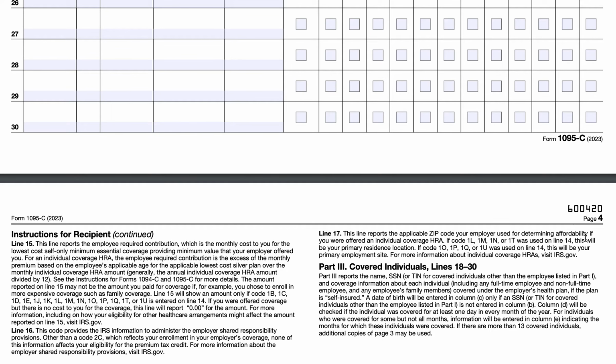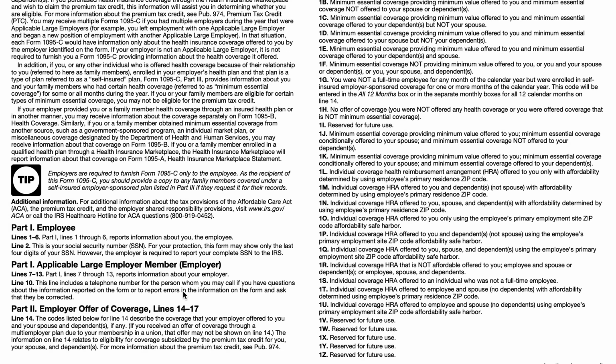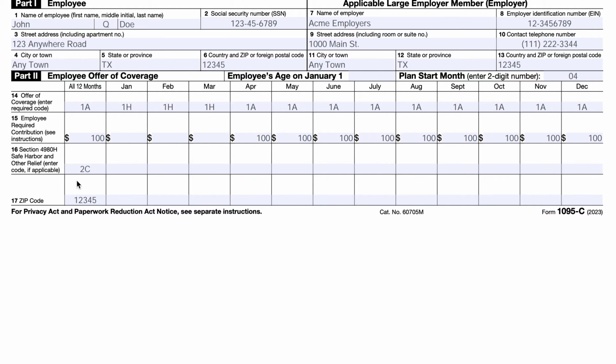If it's 1O, 1P, 1Q, or 1U, which all have to do with an HRA, then it would be your primary employment site. Those could be two separate zip codes, and that's relevant because your zip code can be the determining factor of what's allowable as your employee's share of the healthcare responsibility.